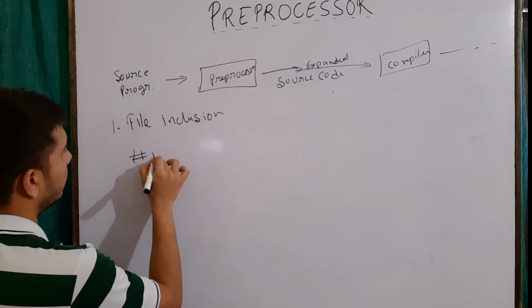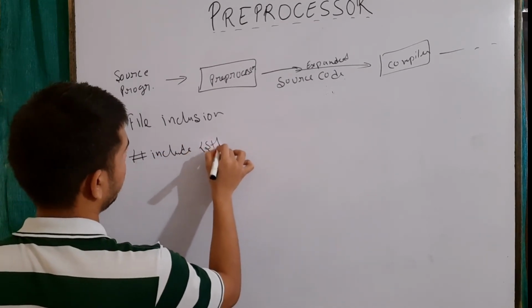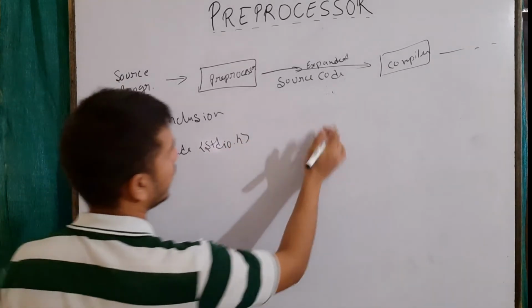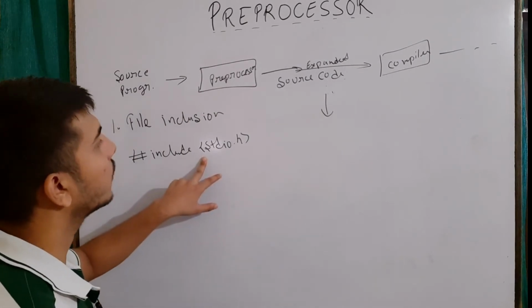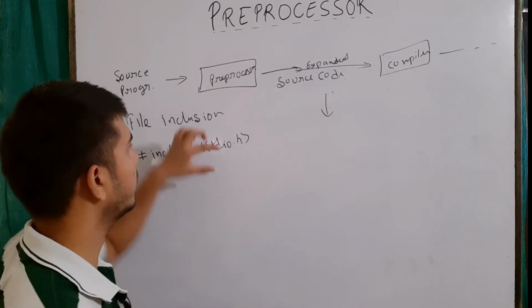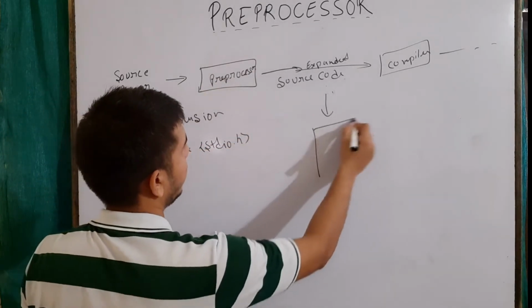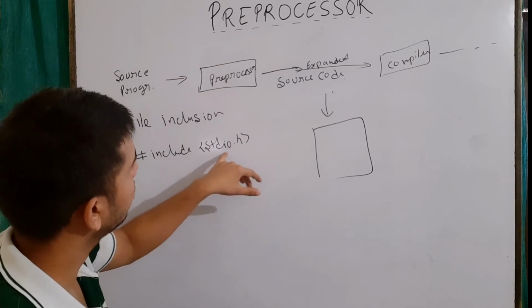What it does is that whatever the name of the file I am giving, it is going to include in our expanded source code. Whatever is present in stdio.h, after preprocessing, it is going to include everything present in this file.